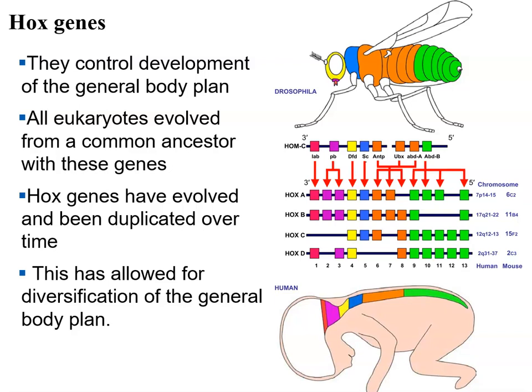So, for example, when you compare the body plan of the fly Drosophila to a human, you can see that the color-coded regions indicate that they have similar genes, the green ones, coding for the posterior end of the body.